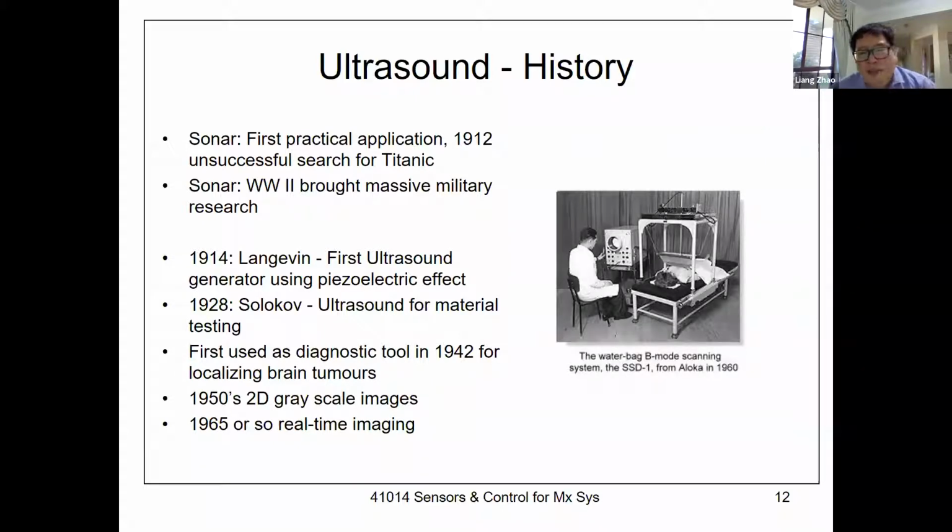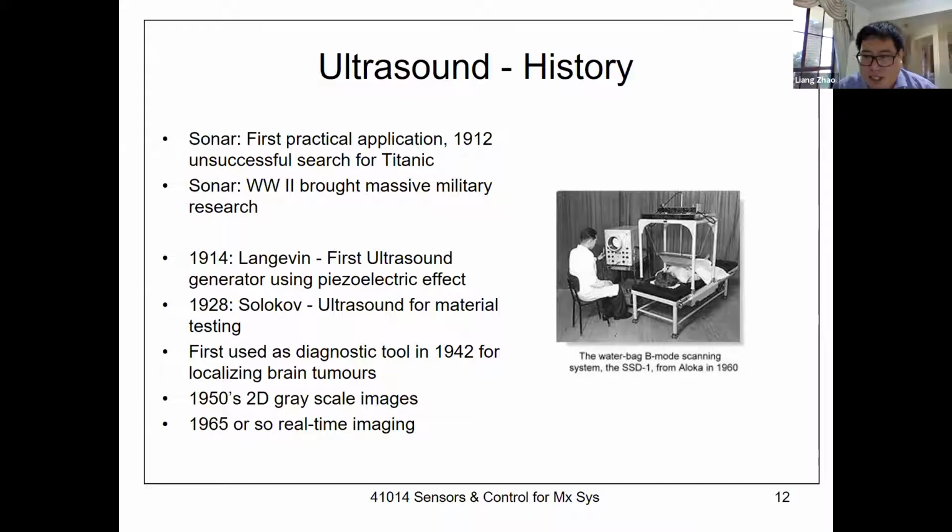All right. So the ultrasound was first used in medicine in 1942. In 1942, they wanted to locate a tumor in the brain without opening the brain, right? And in the 1950s, they got 2D grayscale images.